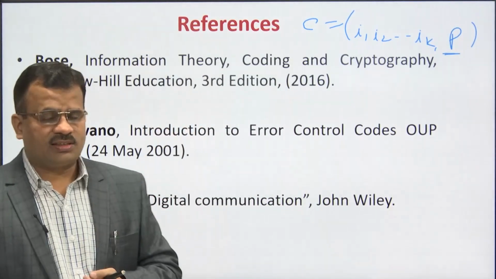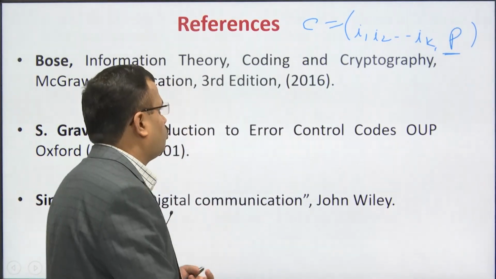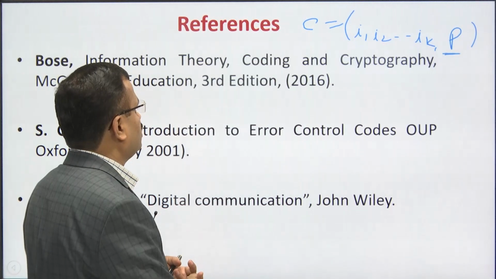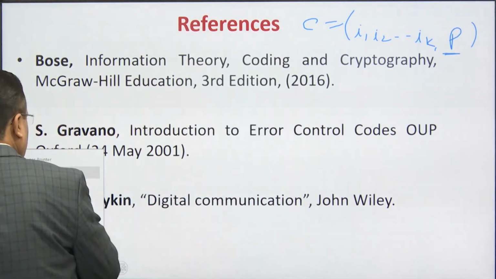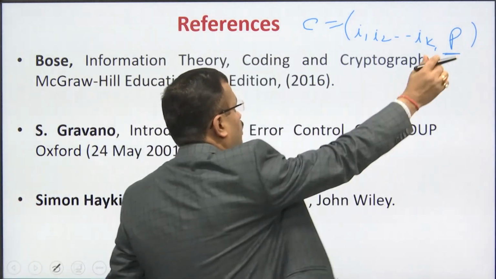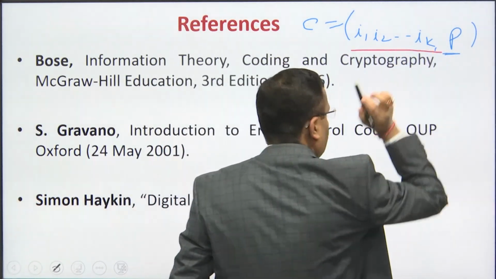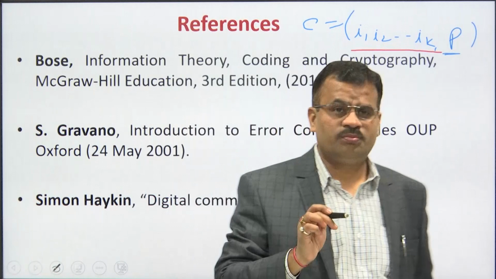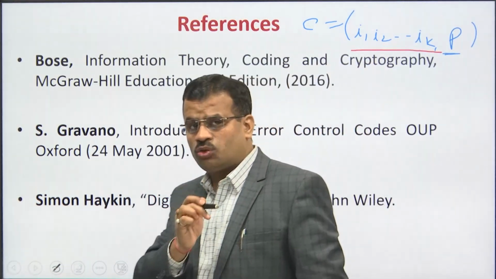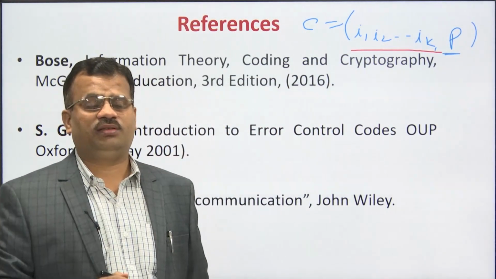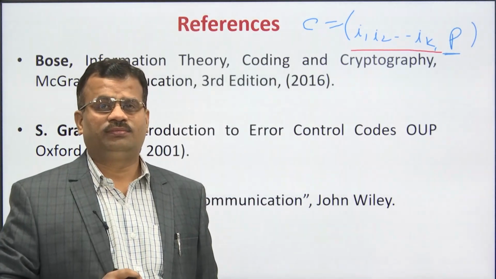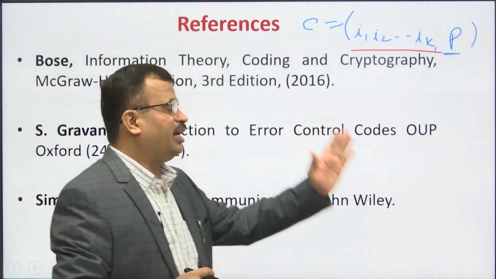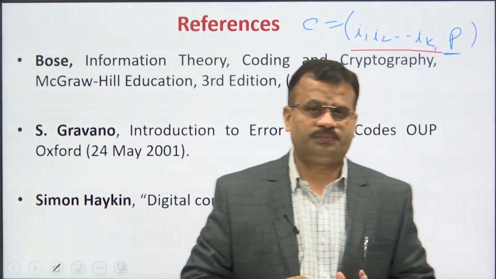And the structure, what you always have to keep in mind, if you are designing the code word, always remember it. Initially your information bits will come as they are, as transmitted from the transmitter, I1, I2 up to Ik. After that your parity bit will come.